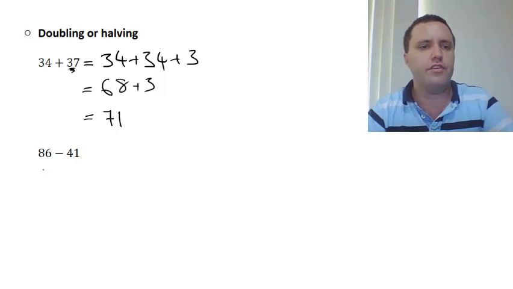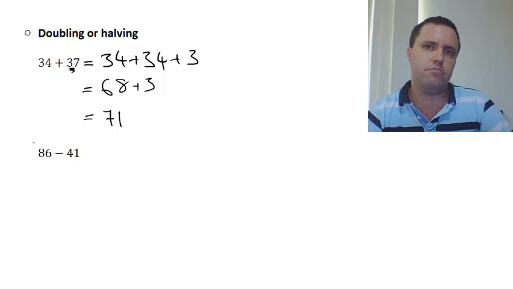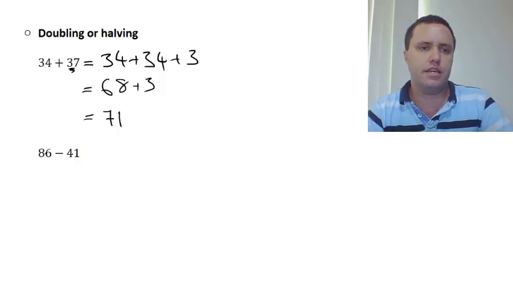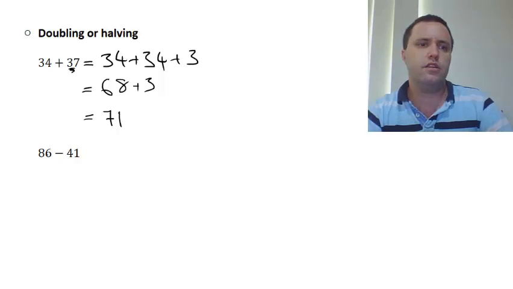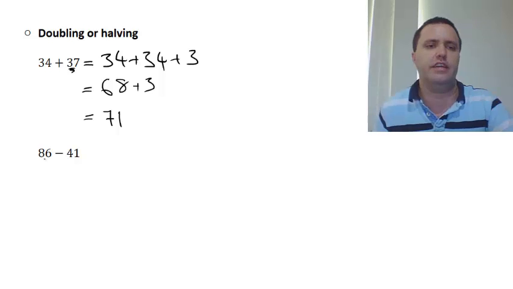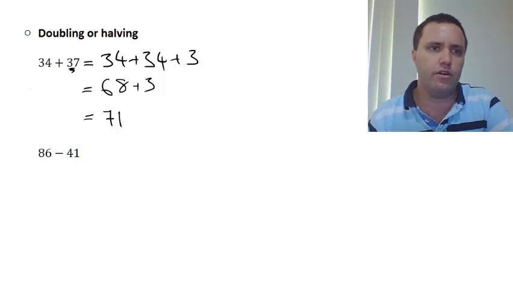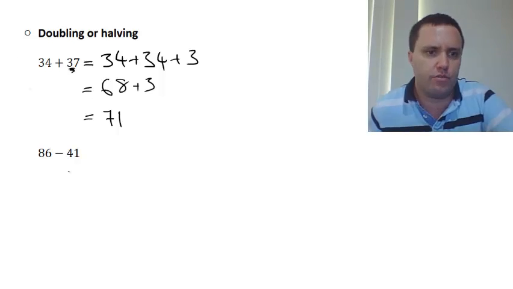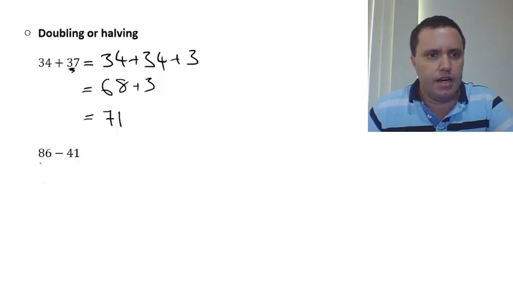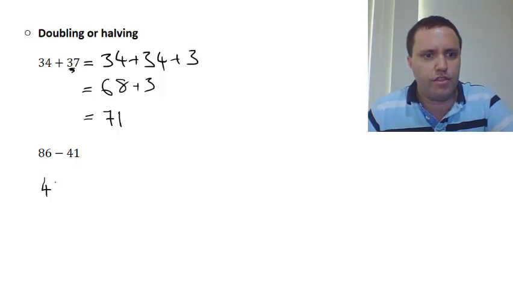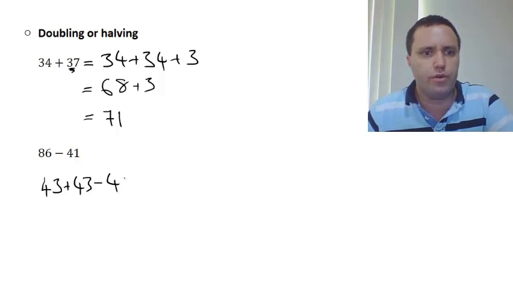With the halving one, it's a little more interesting. You can see that 41 is really close to half of 86. So we can halve that 86 and get 43 plus 43, which makes up our 86, minus our 41.